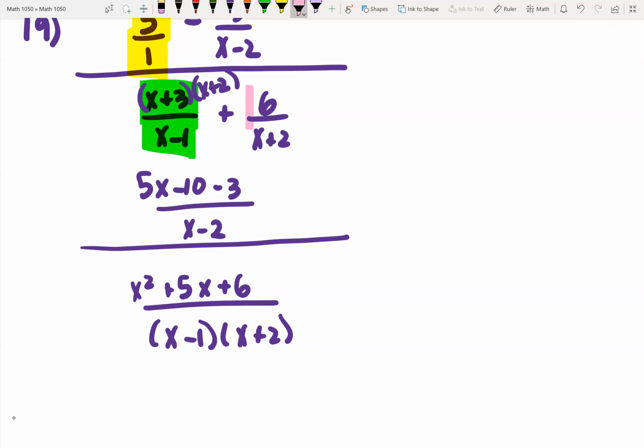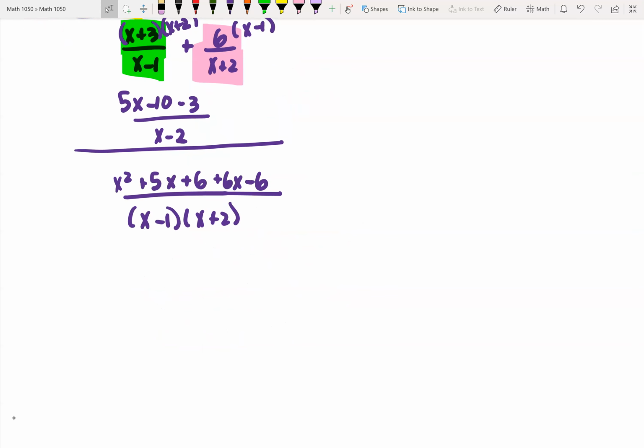This guy right here has the x plus 2. He's missing the x minus 1, so I'm going to put an x minus 1 right there. Distribute the 6, and I get 6x minus 6. Now I'm going to take several steps at once. On the top, that gives me 5x minus 13 over x minus 2.